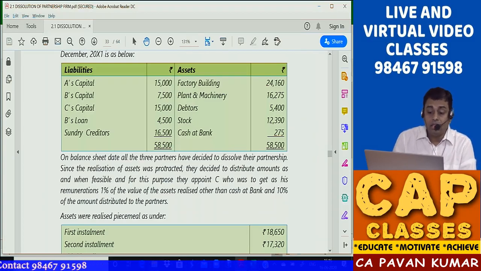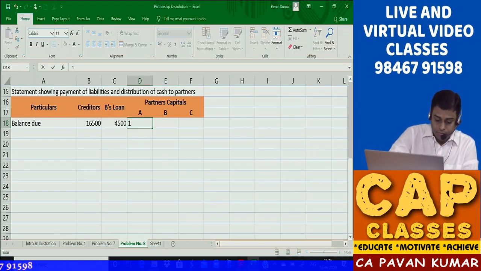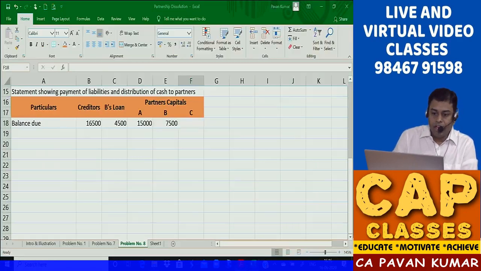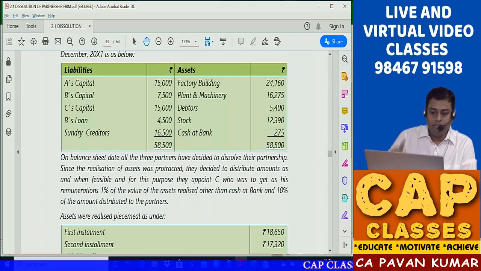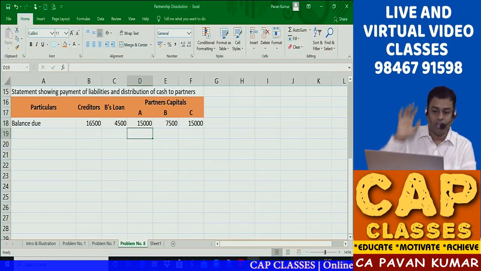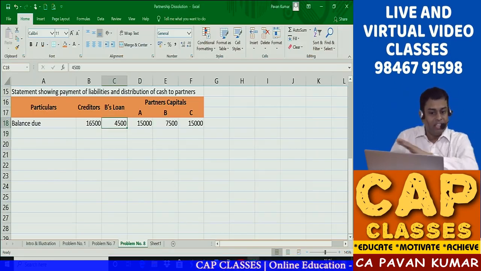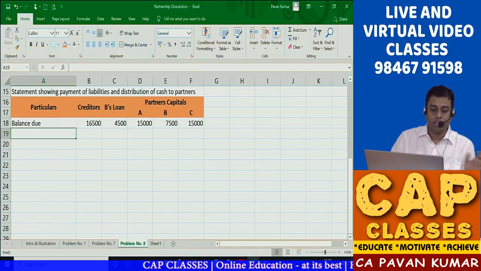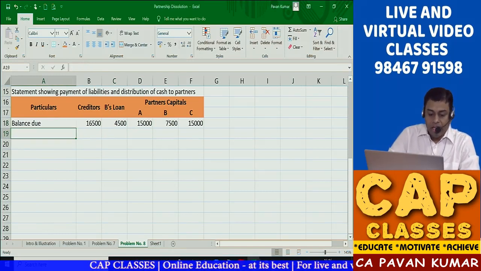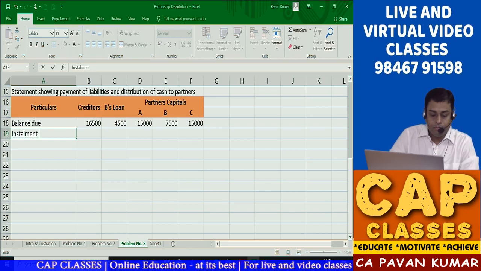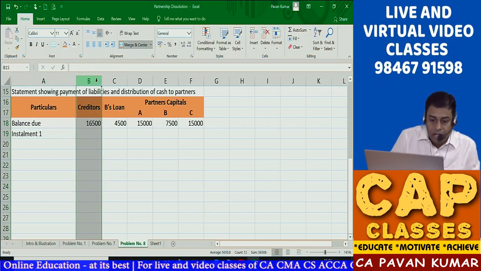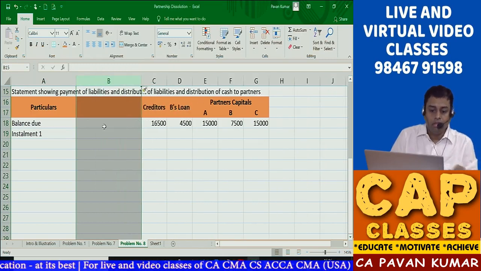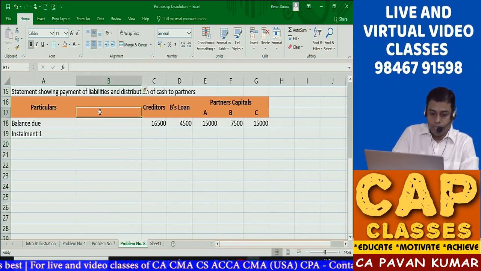Partners' capitals: A 15,000, B 7,500, C 15,000. So the total on the liability side came to this, including capitals. Very good. So step 1, installment 1. We create one realization column also here. Realization amount.